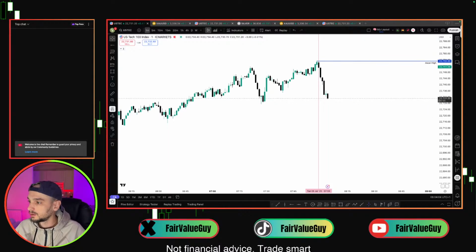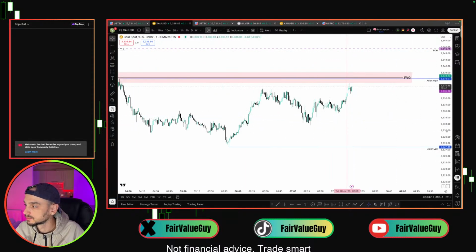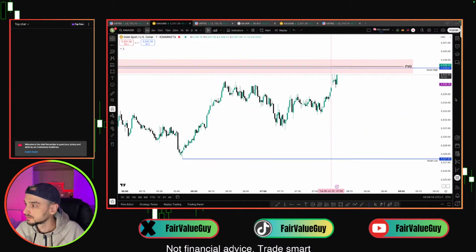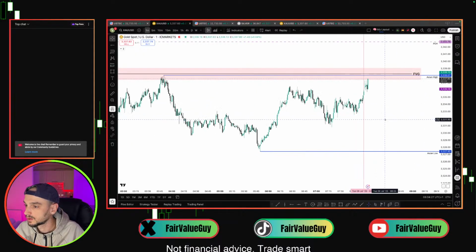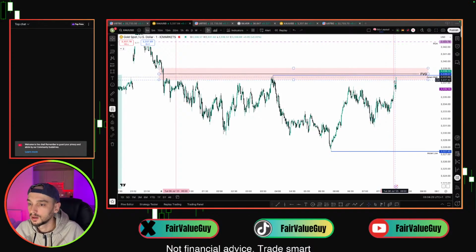This is the last candle from the 1 minute ORB, 5 minutes on 1 minute time frame. Okay, we're tapping this 5 minute fair value gap.